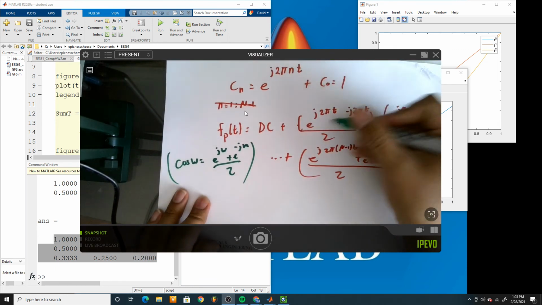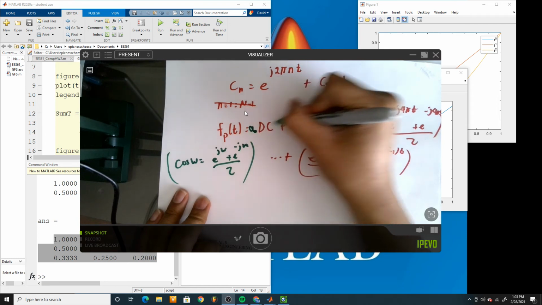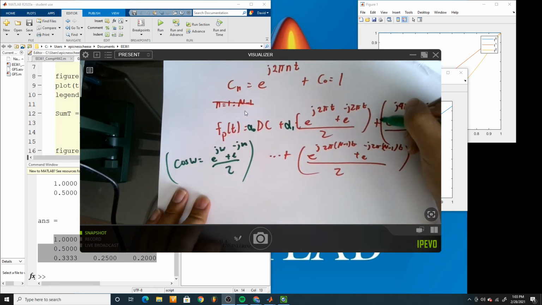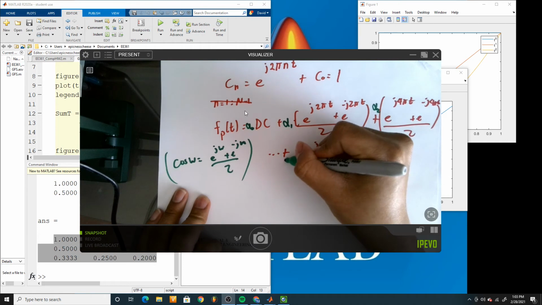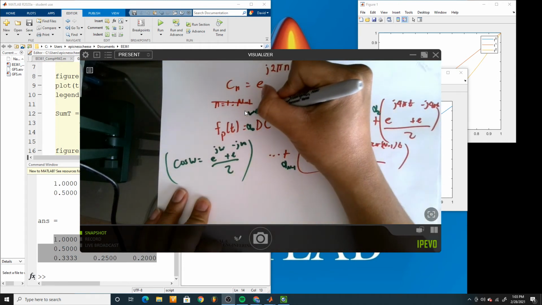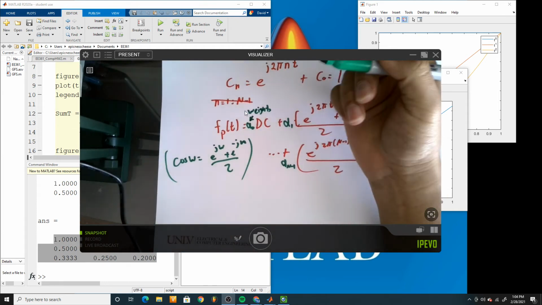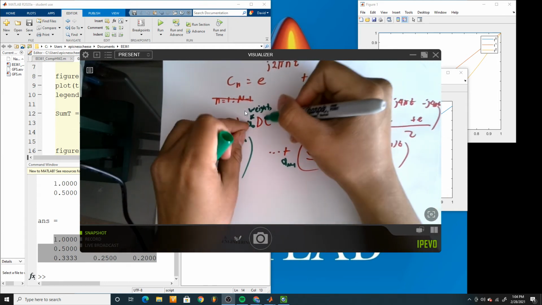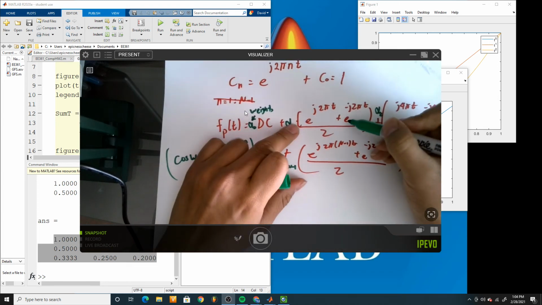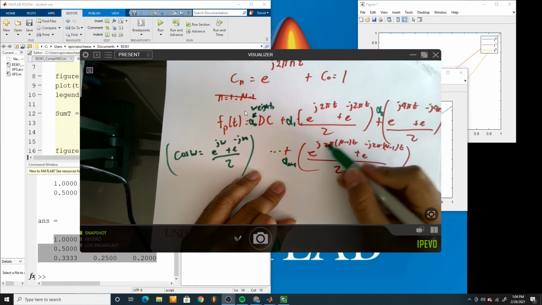But why I say we group it like this is because of our weights. I'm going to call them alpha 0, alpha 1, alpha 2, and then alpha n minus 1. These are our weights, remember? They don't call them weights, but I'm thinking of them as weights. How much of this do we need? How much of this? And the higher the power, the faster the signal.